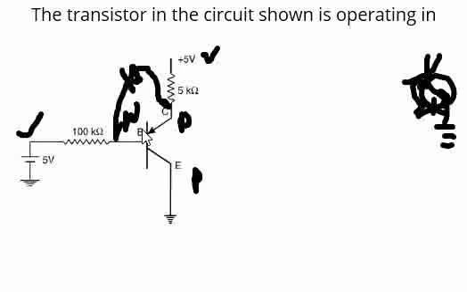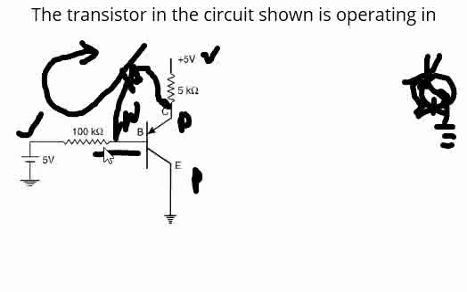Now, if you want to analyze further, you can also apply Kirchhoff's law in this loop, and you can understand that the current will be flowing inwards to the supply rather than to the base, because for this particular transistor to be on, you need to provide the required base current. So the current direction will be in outward direction.